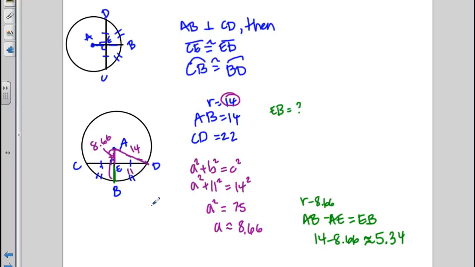All right, let's get a couple more things and then we'll be finished. Okay, so this is 10-5. If I have a couple of chords and they're the same distance from the center, then I know they're congruent to each other. And that's also an if and only if.